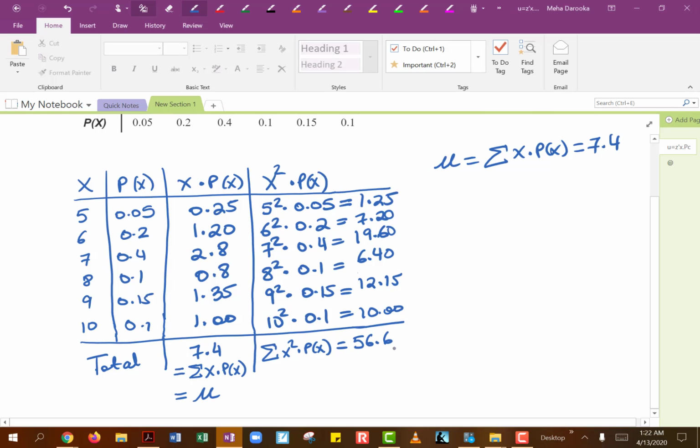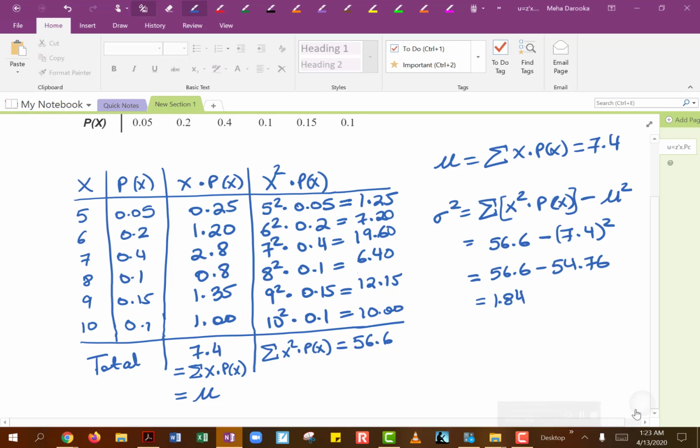Now in your variance calculation, we take this total here and subtract our mean squared, which means we take our 56.6 and subtract our 7.4 squared from it. So you can go ahead and do that calculation and see what that variance comes out to be.